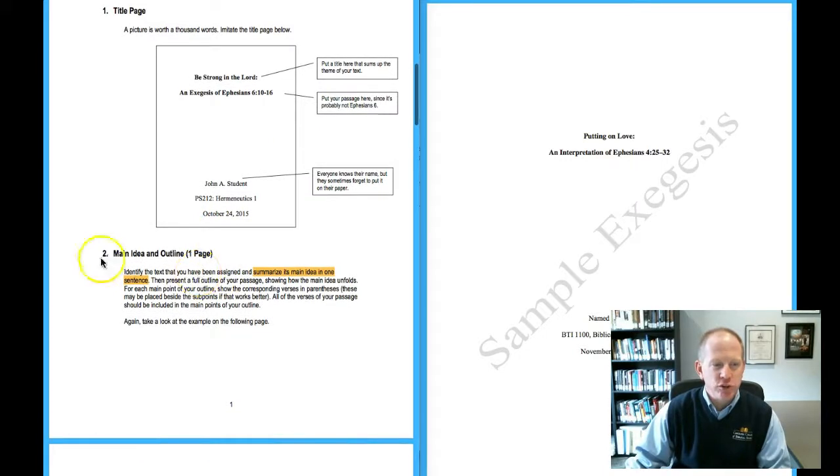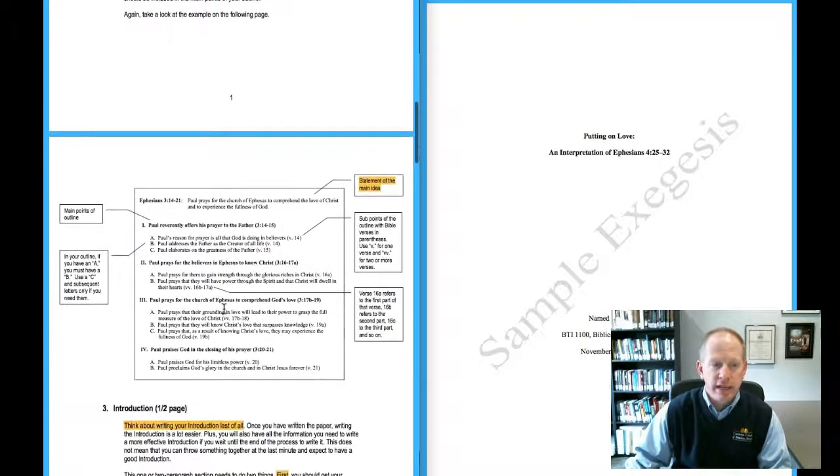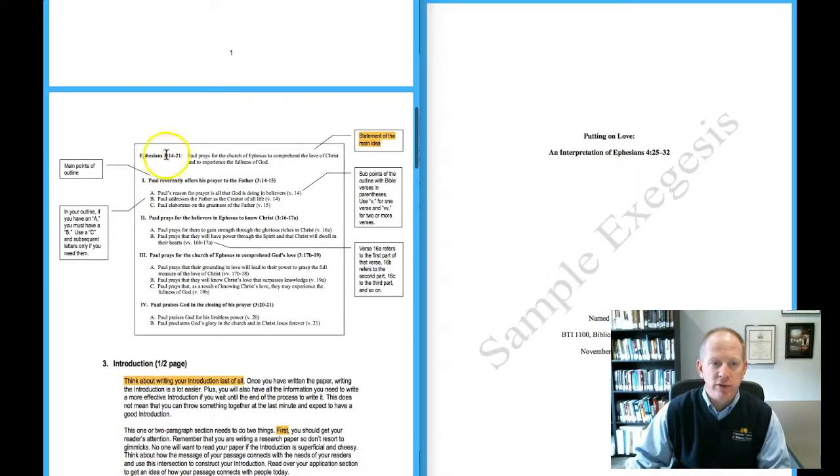Anyway, on page 2, which will take up approximately 1 page, you'll see that you should have the main idea and the outline. And if you'll notice here, there are some instructions about what that should include. But here on the next page is a preview of what that would look like for you. You would put the text here, Ephesians 2:1 through 10.